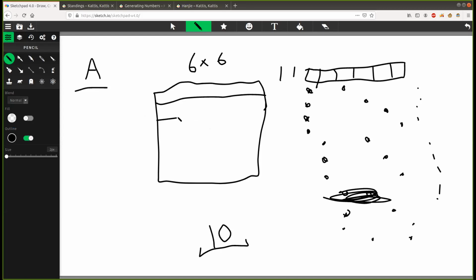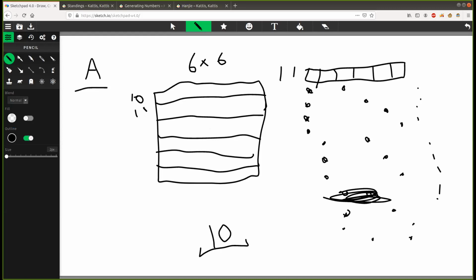I believe there's at most 10 ways you can do each row, could be less. So you iterate over all the ways the rows can be satisfied, and then check for each one if the columns can be satisfied.